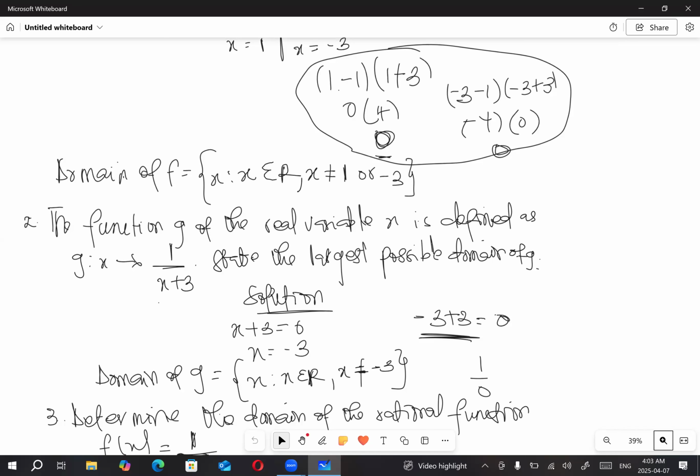A man deposited 800. A man, just a moment. A man deposited 800. Go on. In a bank at 12%. Be specific.